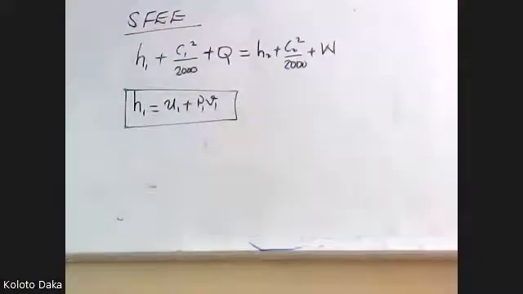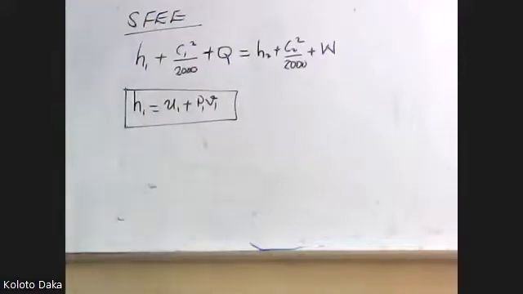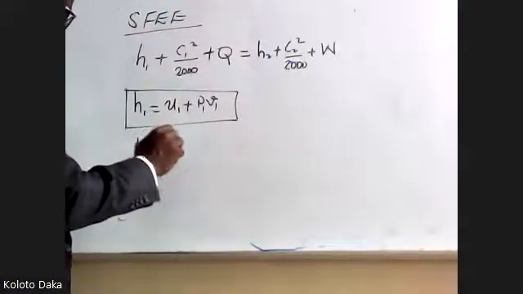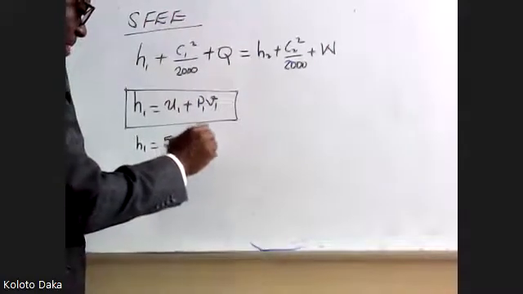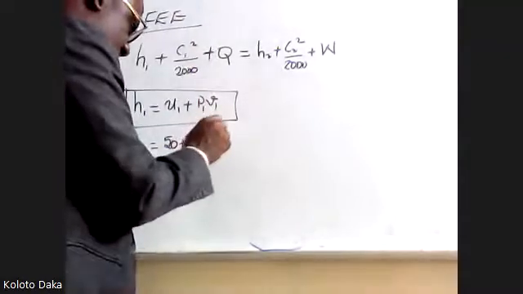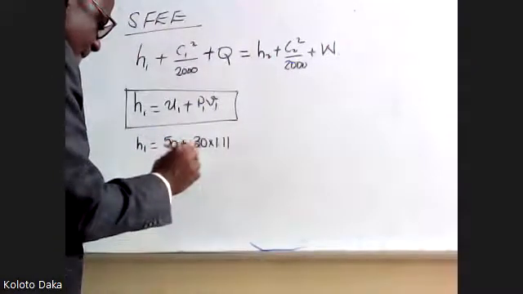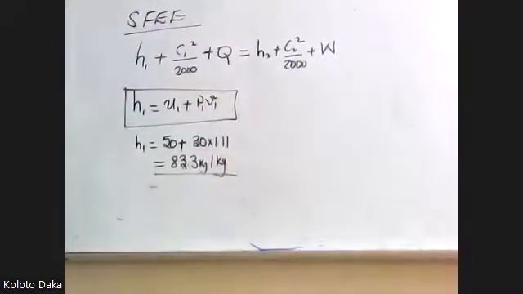So in this equation, there is no U. So what would be H1? 50 plus 30 multiplied by 1.11. This should give us 83.3 kilojoules per kg.